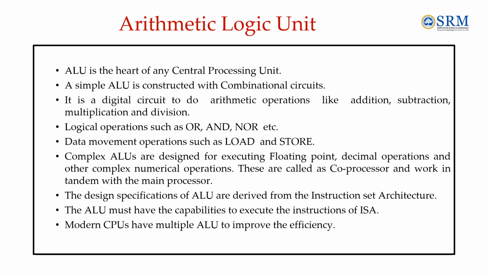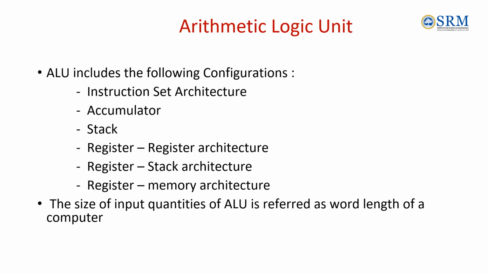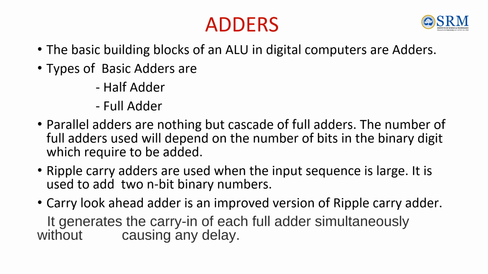Modern CPUs have multiple ALUs to improve efficiency. So the ALU includes the following parameters: instruction set architecture, accumulator, stack, register architecture, register stack architecture, and register memory architecture. Adders are the basic building blocks of ALU.